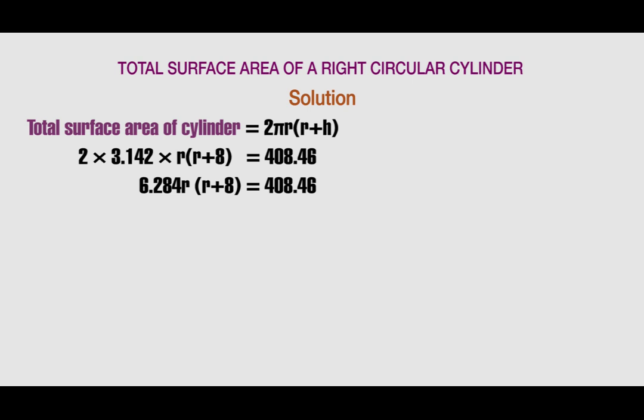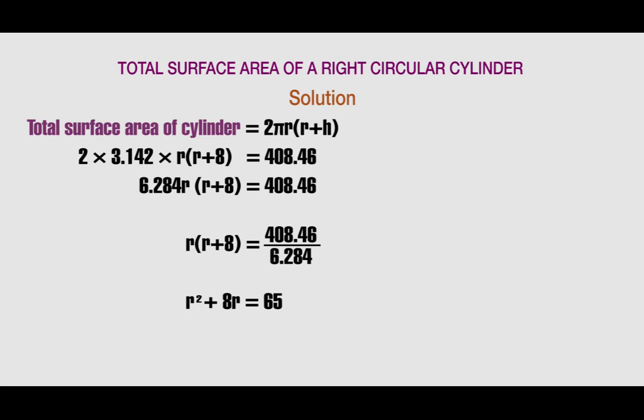We are solving for r. So we divide through by 6.284. And that will give us 65. If you open the brackets, you are going to have r squared plus 8r. So our final expression will be r squared plus 8r equals 65.